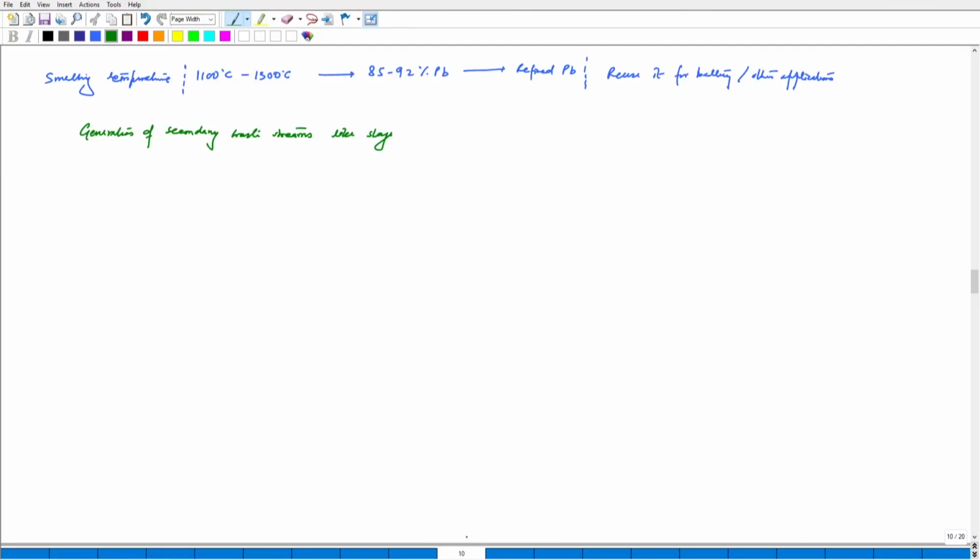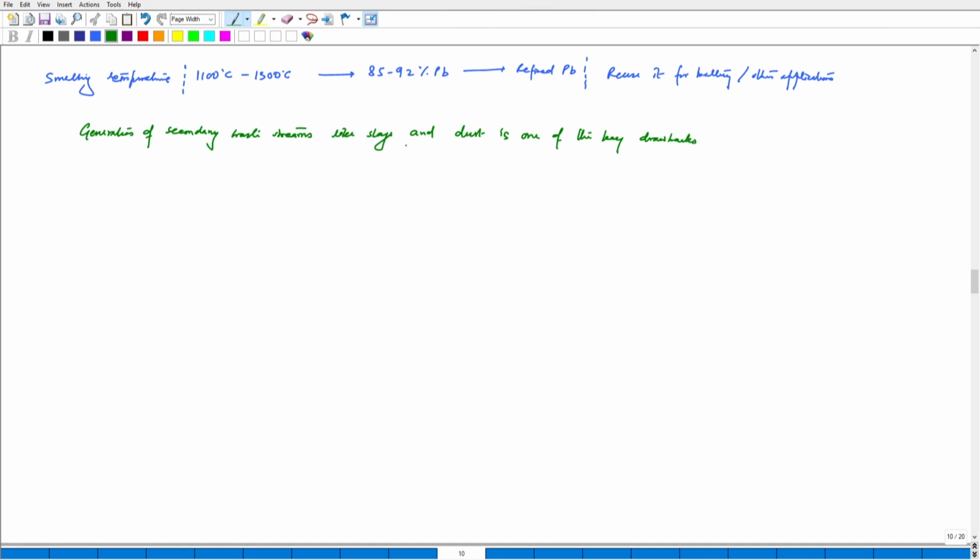So the secondary wastes like slags and dusts, generation of secondary waste streams like slag and dusts is one of the key drawbacks.